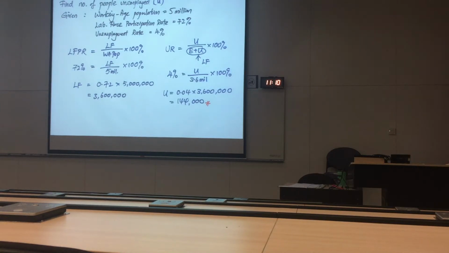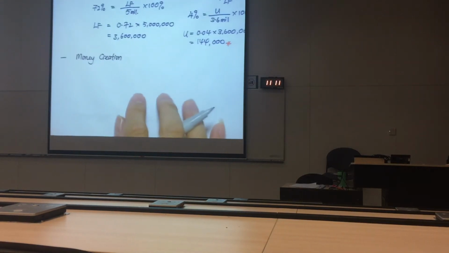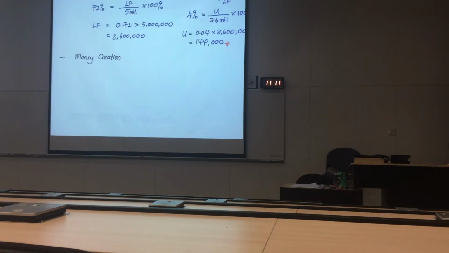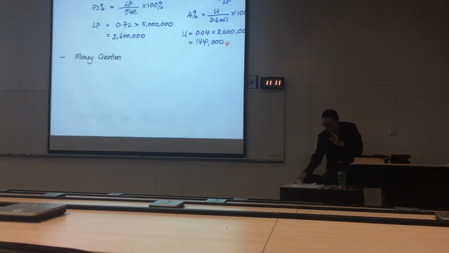What else? One of the other things which I am not going to rewrite out again is this. Do you want to use money for this? How to create money in the system.